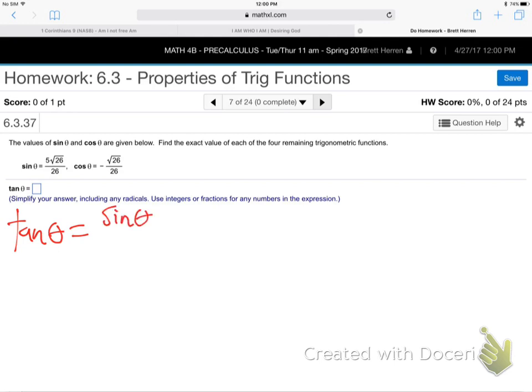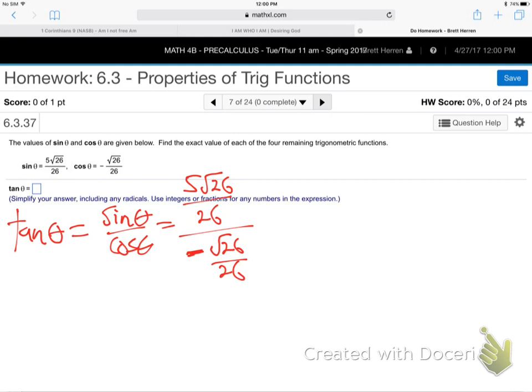Tangent is sine over cosine, right? So far, so good. Sine over cosine. They knew what to do, right?